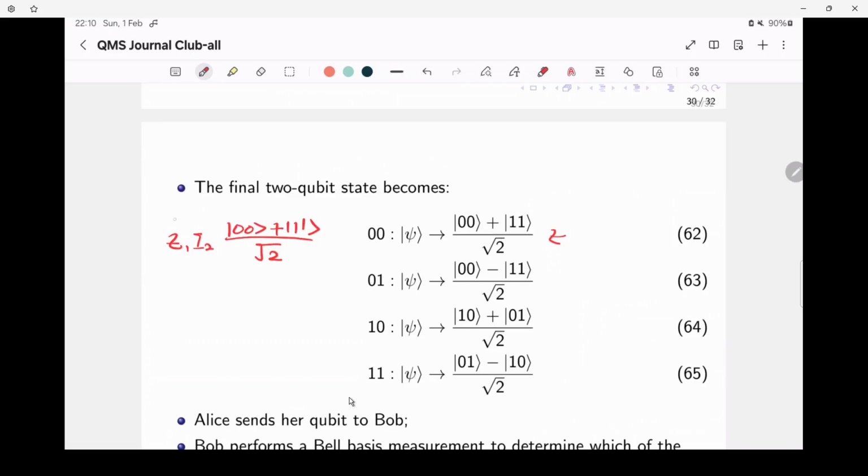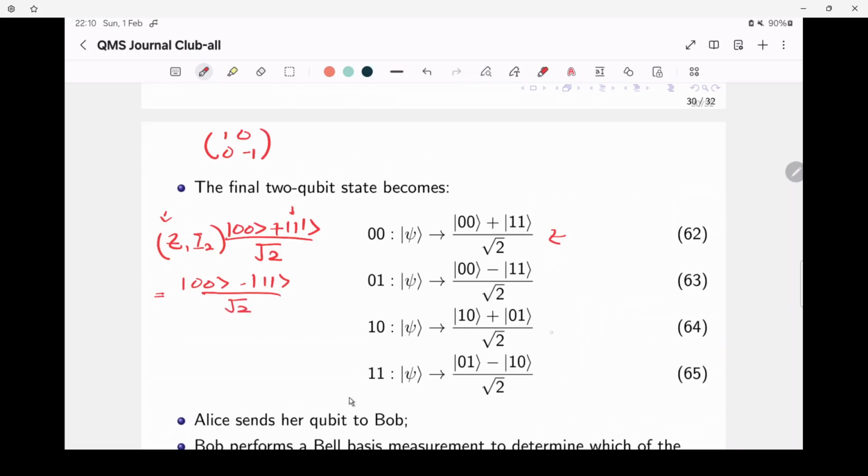Alice only has access to her own qubit. So that's why the Pauli Z only applies to her qubit, and Z is something like this, right? Whenever you have 0, you do nothing. Whenever you see 1, you change to -1. So therefore, it becomes |00> minus |11>.